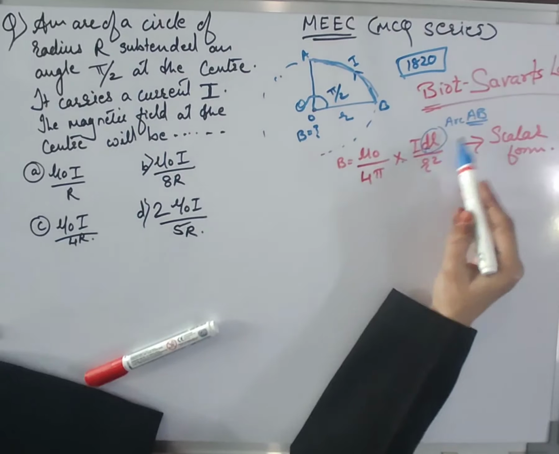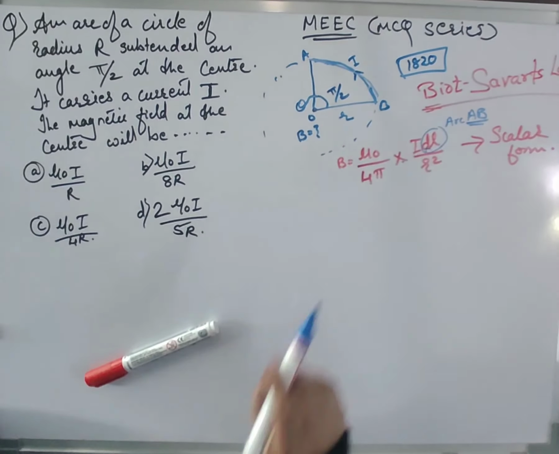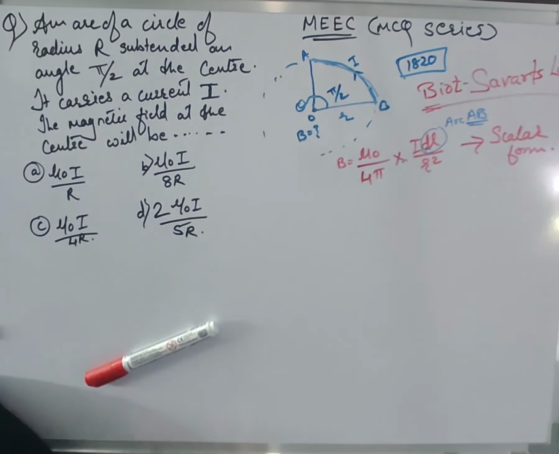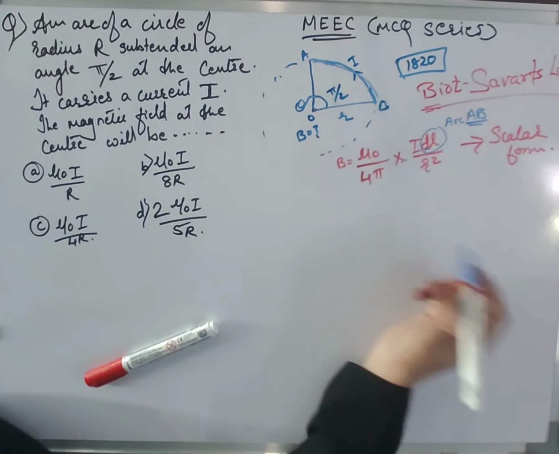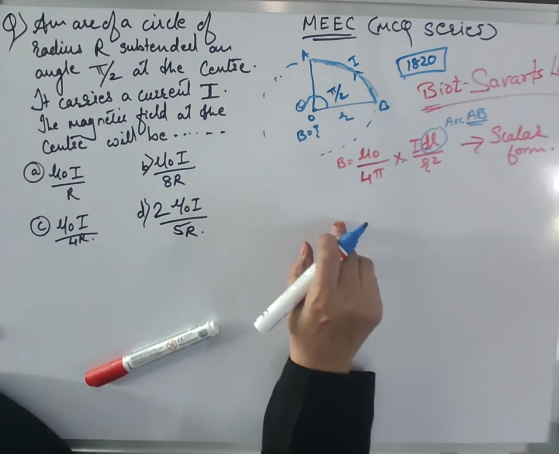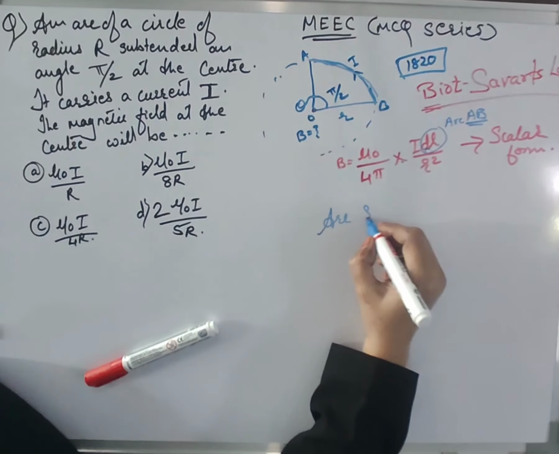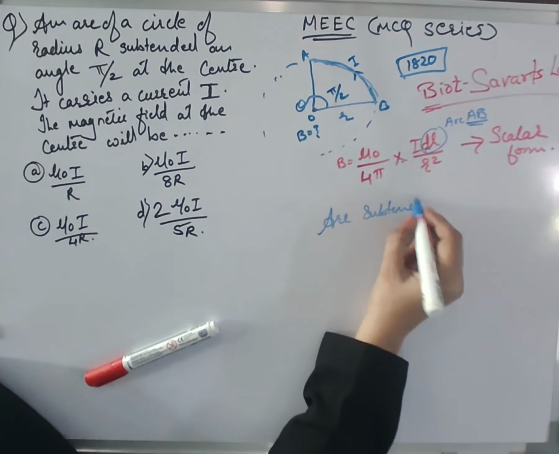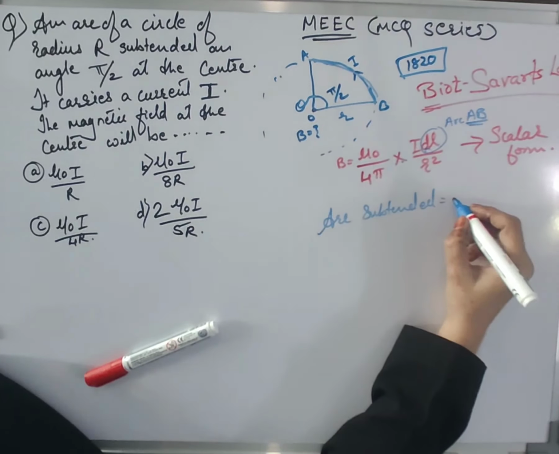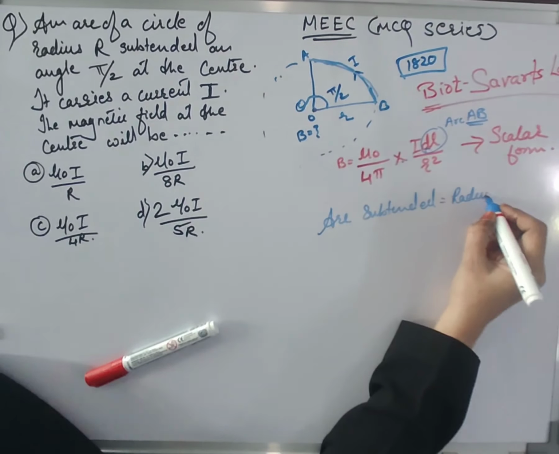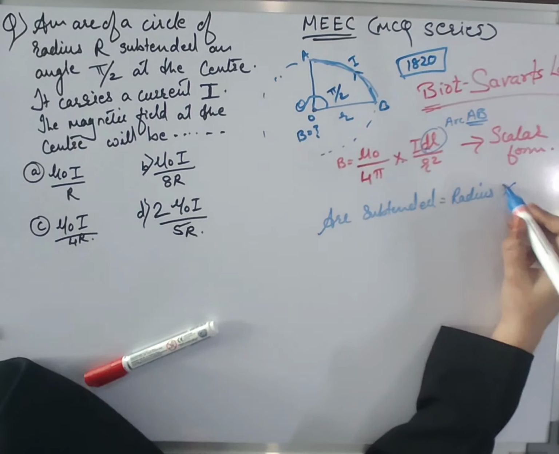So dl is our arc AB. Now arc subtended is equal to radius into angle theta.